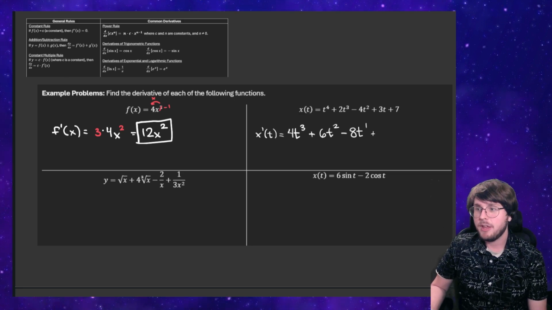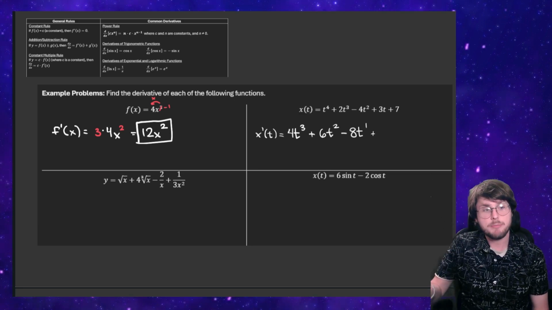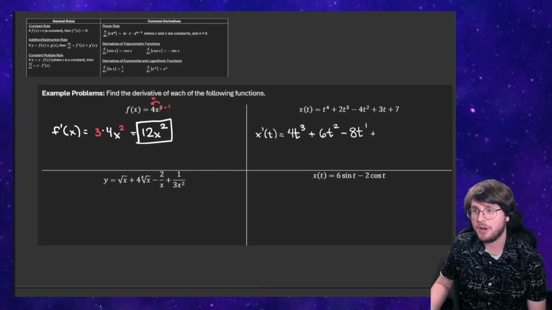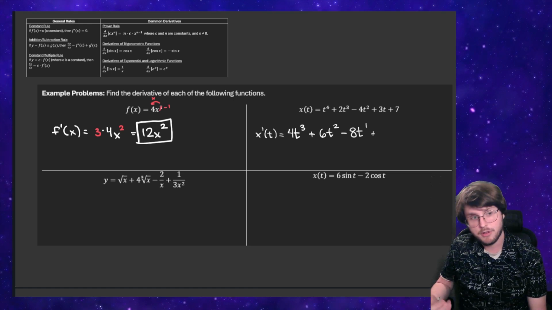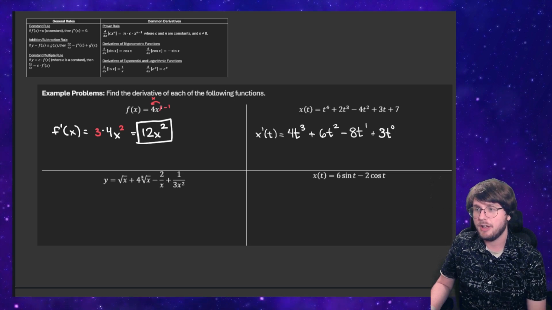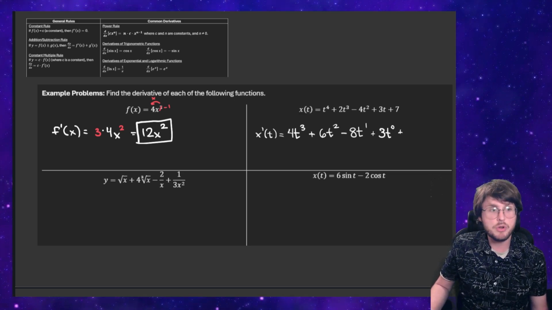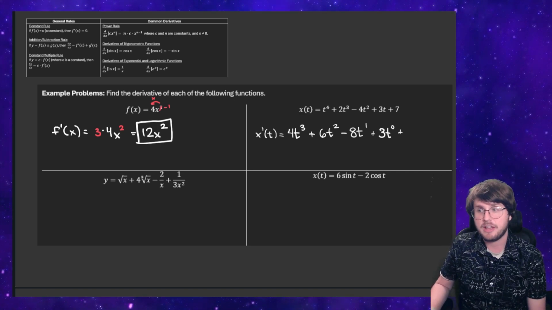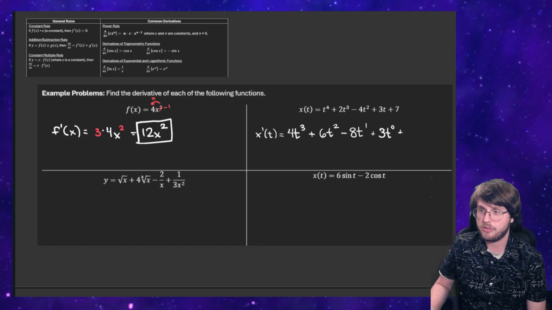T to the 1 is going to be subtracted by 1 and multiplied, and we're going to multiply this 3 by 1 over here. So that'll be 1 times 3 times t to the power of 0. So for clarity's sake, I'll keep that 3 times t to the power of 0. And then any constant, we're going to apply the constant rule, which says that if f of x is a constant, like 7 is here, then that equals 0 over here.